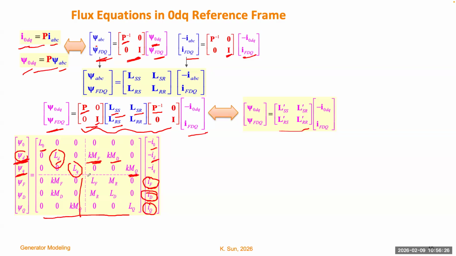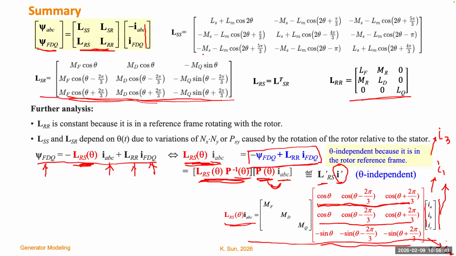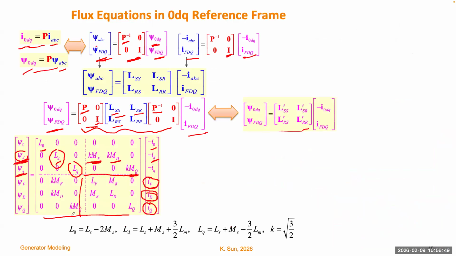Finally, this block doesn't change. It's exactly the same as the original because it doesn't need to be transformed. If you keep everything in the original, those matrices, those MS, LM, those constants will stay. But for this representation, we make it simpler by defining those ones, which makes the matrix simpler.